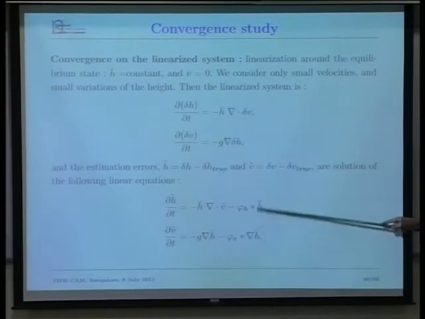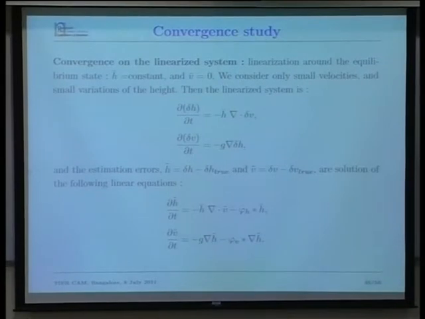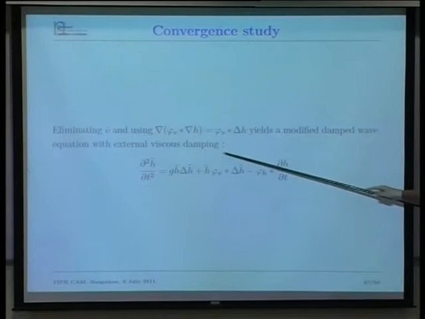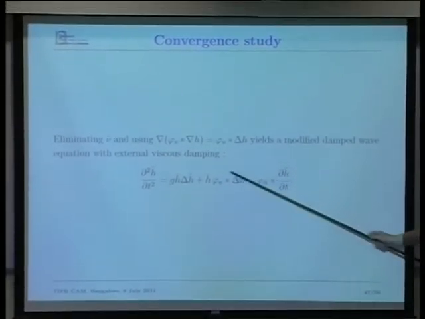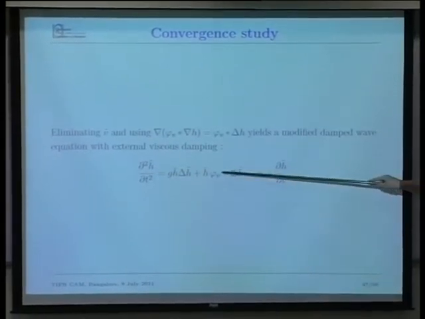And the idea is that you can eliminate V from the unknowns and find a second order equation only on H. So the estimation error on H is given by this equation. You can see the two convolution kernels.